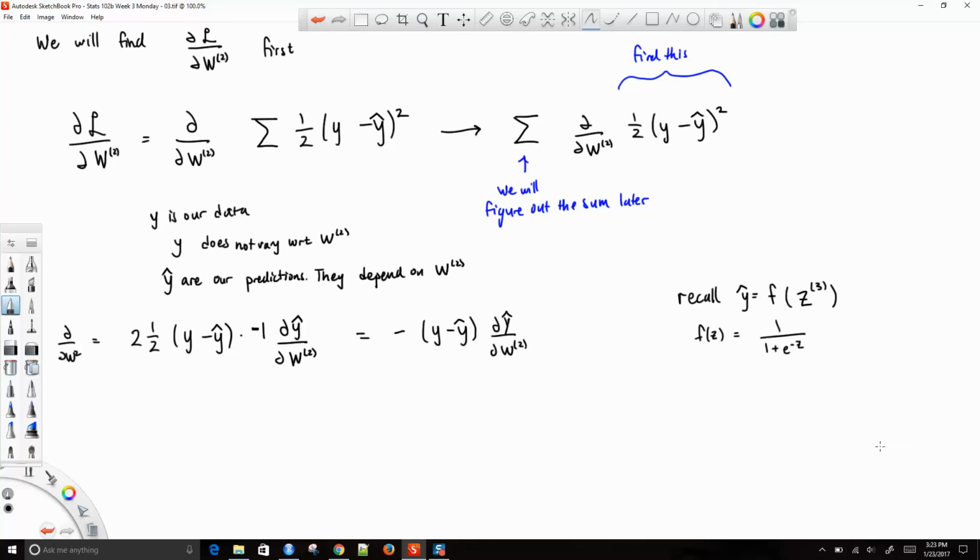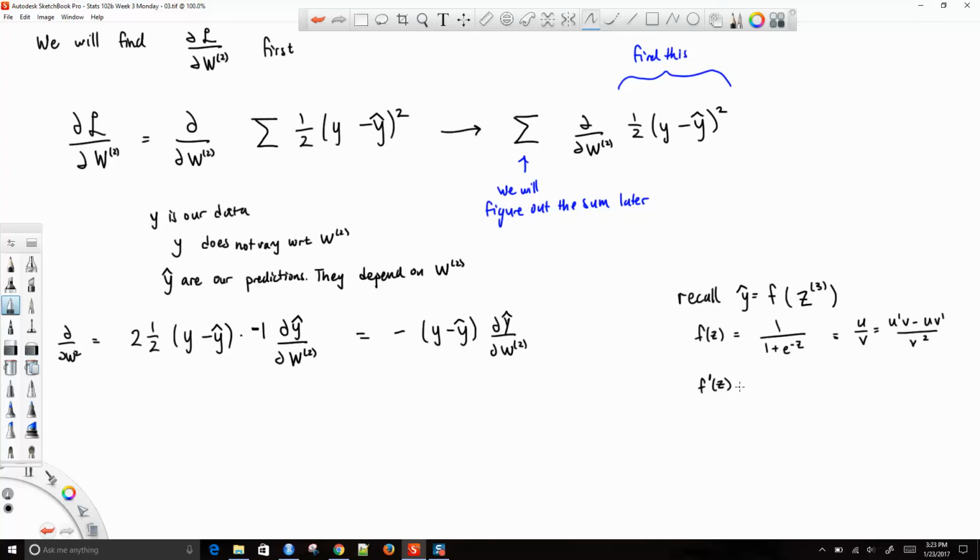And so the derivative, f prime of z, if we do the quotient rule, u over v is u prime v minus u v prime over v squared.